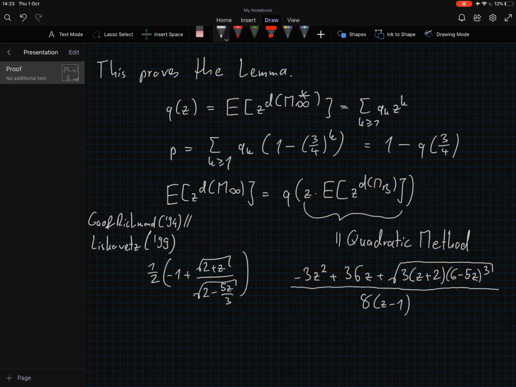Now, if we take a pre-image of 3/4 under this function and plug it into this equation, we obtain an expression for Q of 3/4. And with Q of 3/4, we obtain P.